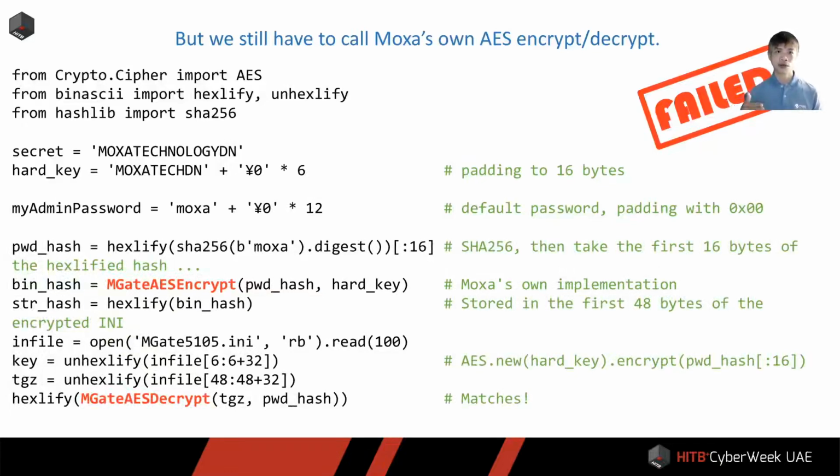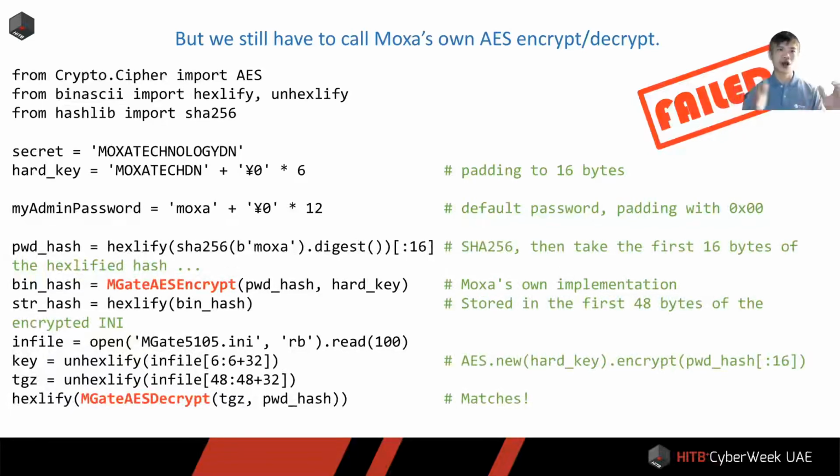So this is how we inspected it. You first pad the hard-coded key Moxa Tech DN to 16 bytes. Then you pad the admin password to 16 bytes as well. You take the SHA-256 of moxa, the default password, take the digest, take the first 60 bytes of the digest, and make it hexified.